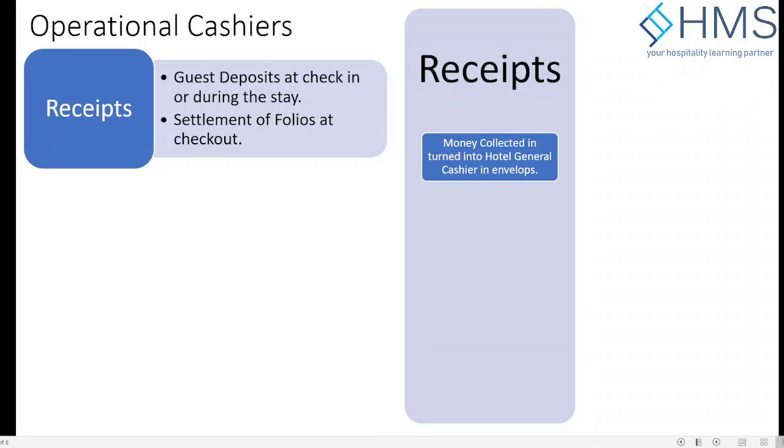The usual control for the receipts is that the money collected is turned in to the hotel general cashier in envelopes on a daily basis, and this is usually witnessed by another independent staff member. There has to be somebody else apart from the cashier, because the general cashier can be in non-operational hours.